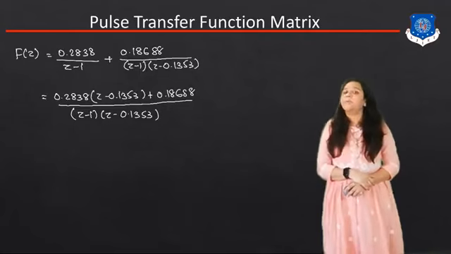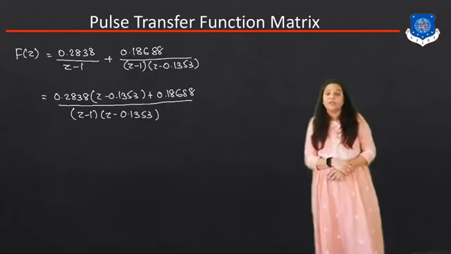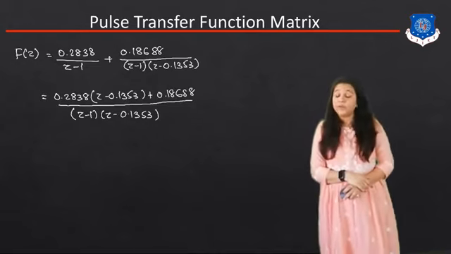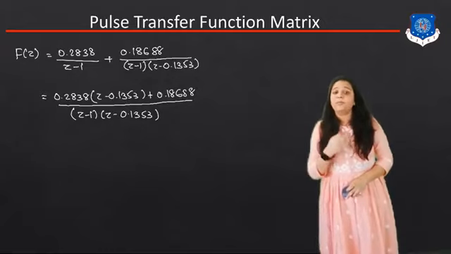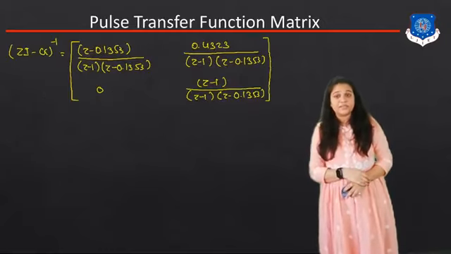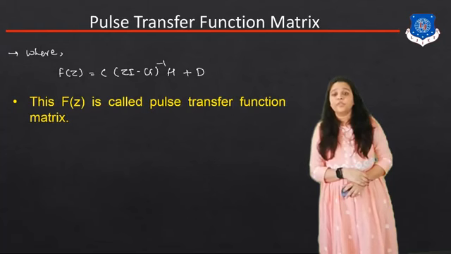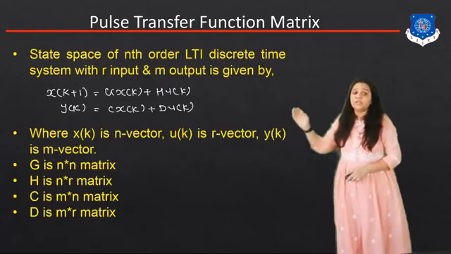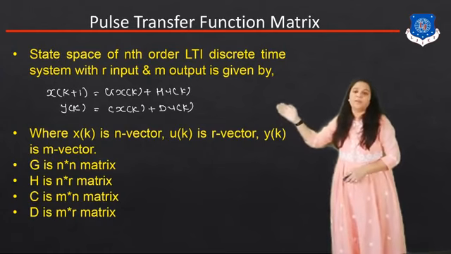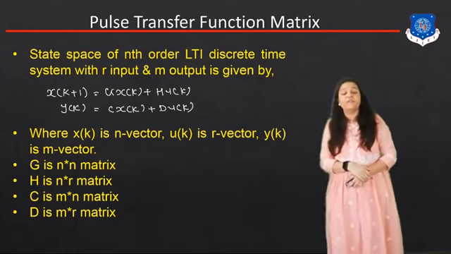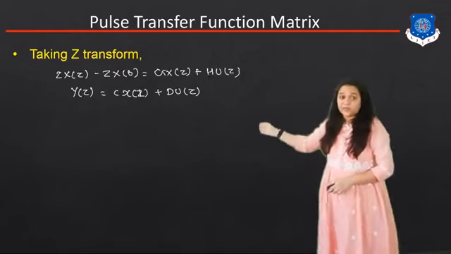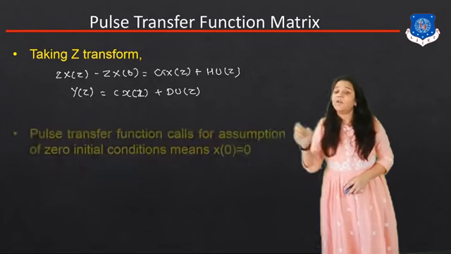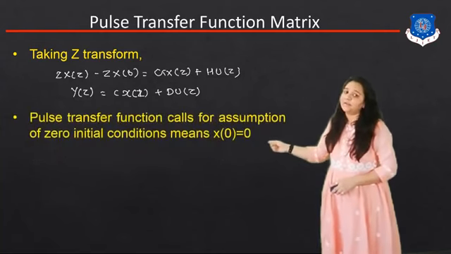Okay, so using the pulse transfer function matrix, we can easily find the value of the function of z. For that, we have to convert the pulse transfer function matrix equation, and for that we have to follow this theory where they give the equation of the discrete time system, that is x of k plus 1 and y of k, and we take the Z transform of this equation, and the must condition is that we take the initial condition equal to 0.